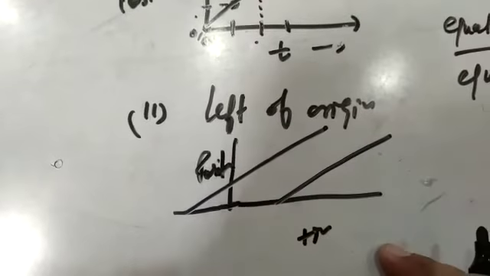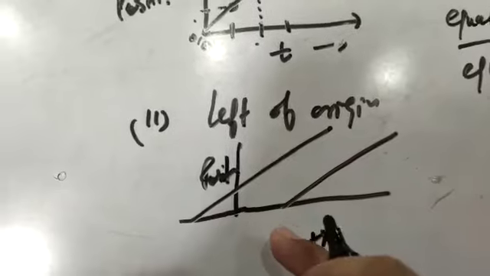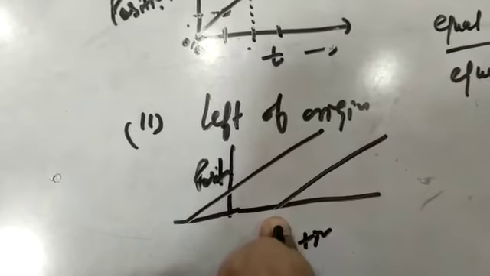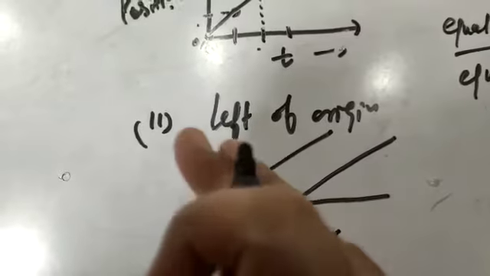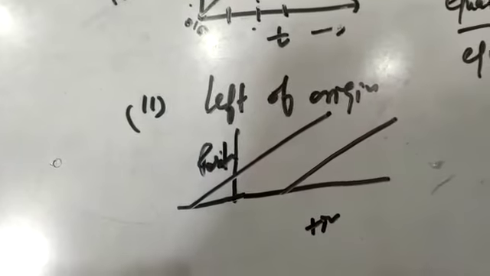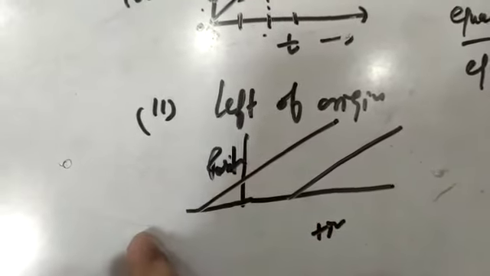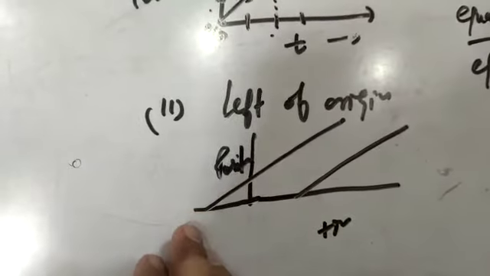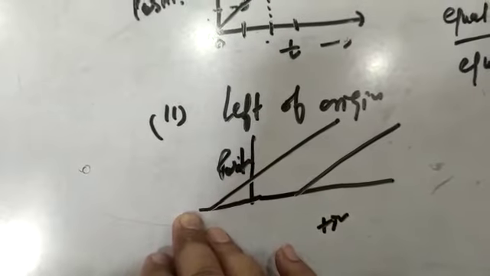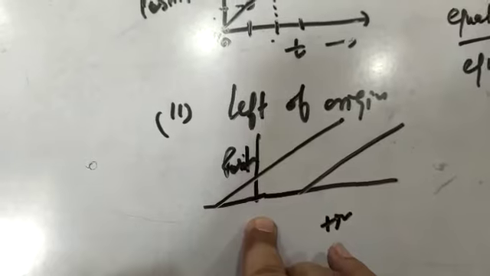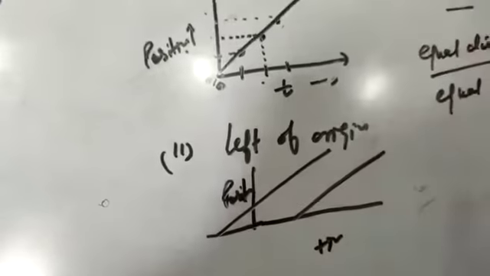It will always be inclined to the time axis, but starting to the right of the origin for positive velocity. All of these are for positive velocity because the position is increasing, right? But in the graph shown on this side, your position and time measurements have been taken earlier than the origin, which means the person is still at 0 position, but your stopwatch is on.